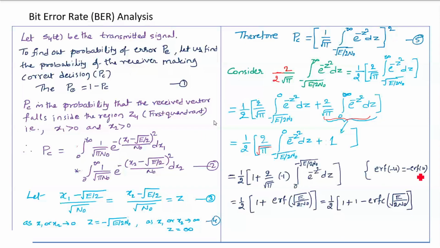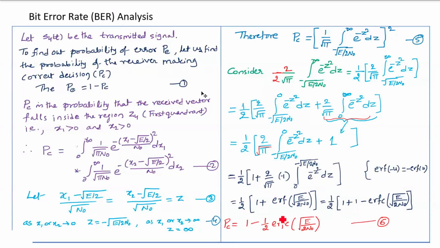So we substitute this formula here. So this whole thing can be written as 1 by 2 into 1 plus ERF of square root of e by 2 n naught, and this whole thing can be 1 by 2 into 1 plus 1 minus ERFC, that is.